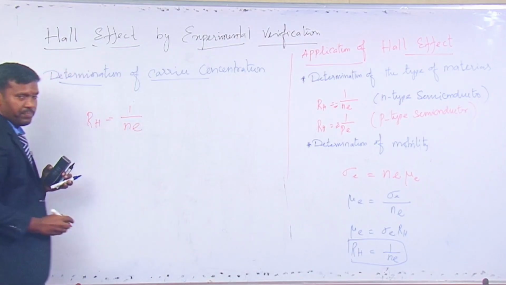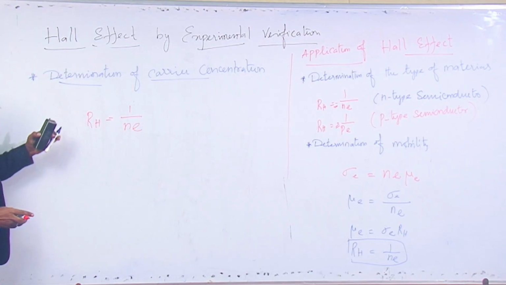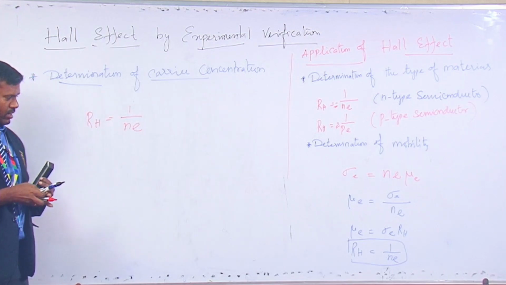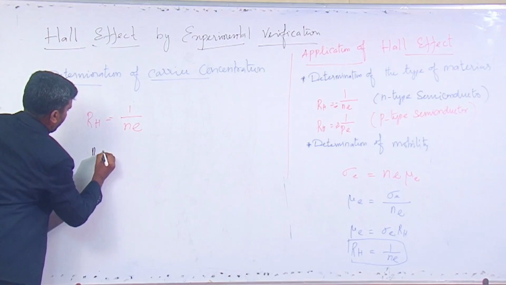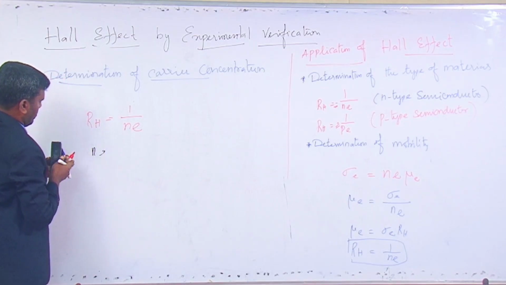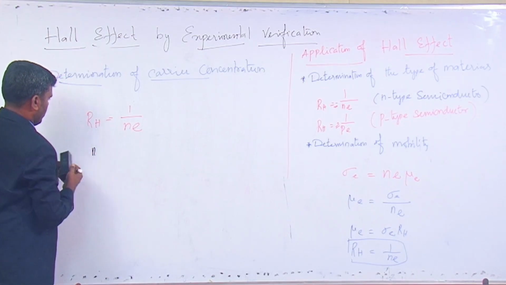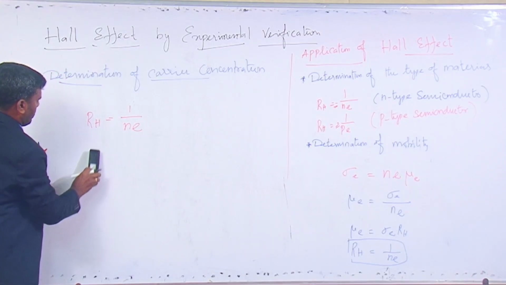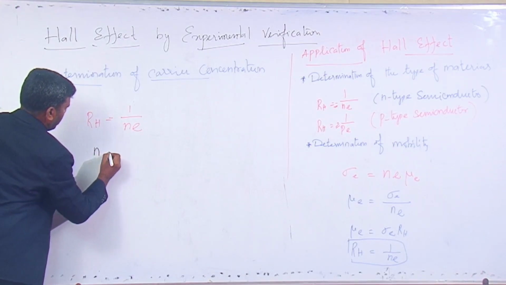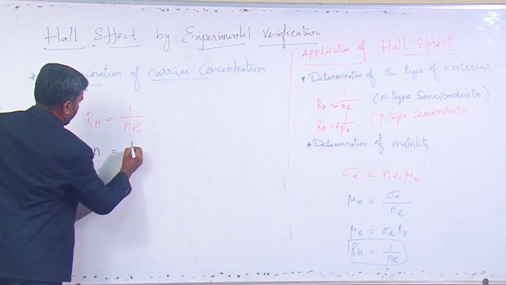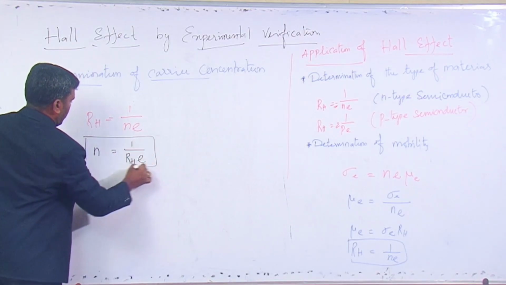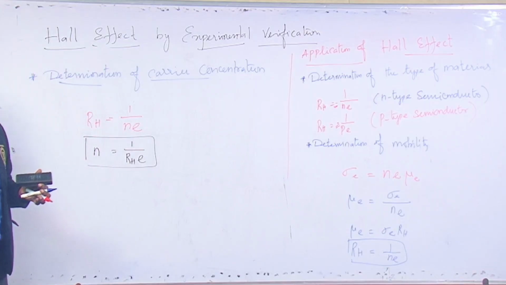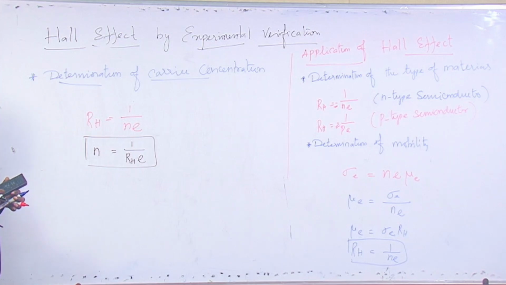From this equation you can find the carrier concentration. The carrier concentration N is equal to 1 by RH E. By using this equation you can find the carrier concentration of electrons and the carrier concentration of holes.